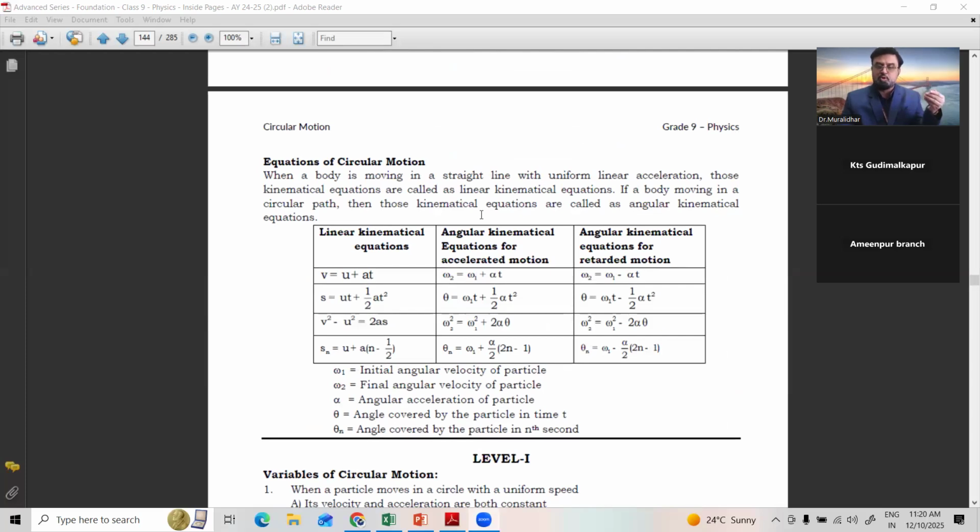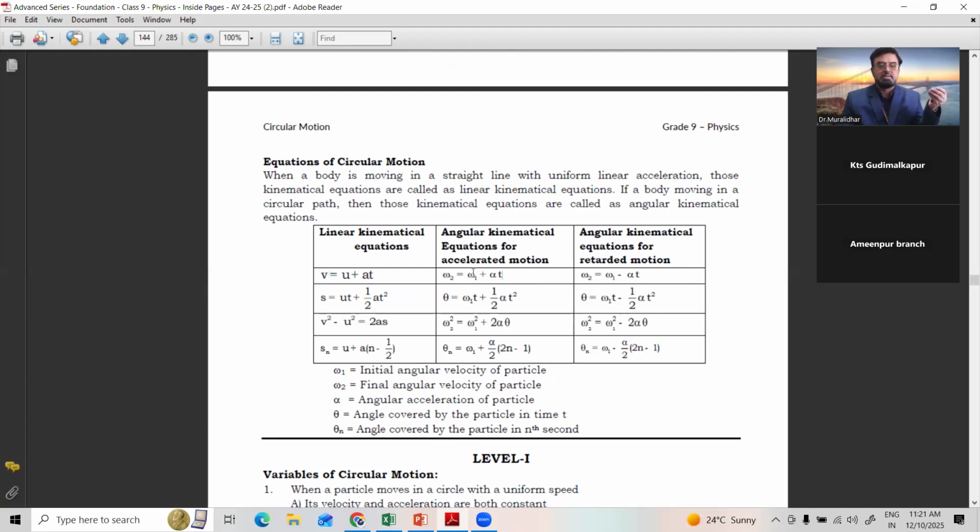We have seen the equations of motion: V is equal to U plus AT, S is equal to UT plus half AT square, V square minus U square is equal to 2AS. These can be changed in terms of circular motion. See, in linear motion this is the formula; the same formula changes into circular motion in a different way. In place of V, use omega 2 is equal to omega 1 plus alpha t, and so on. In angular kinematics, the equations are for accelerated and retarding motion.